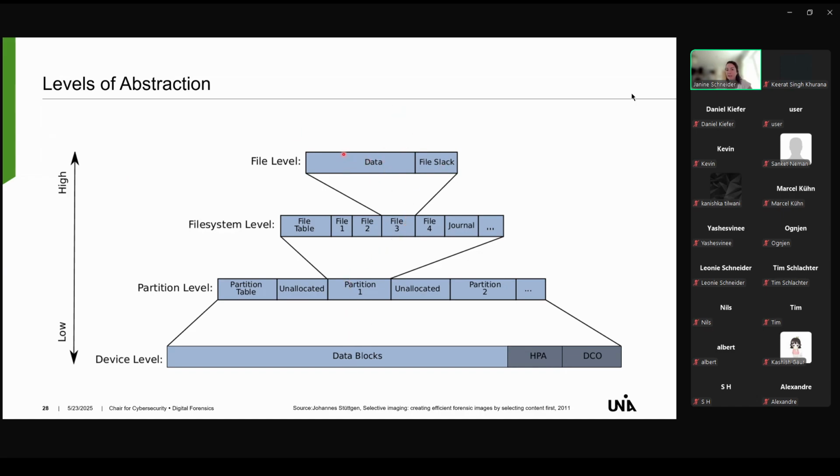Like this file lies in that file system, which lies in that partition, which is on that device. So therefore, when copying data, copy as deep as possible, so that you still have the interpretation verifiable. Actually we are interested in that one, but you copy from that device, and you also need to know where that file lies.